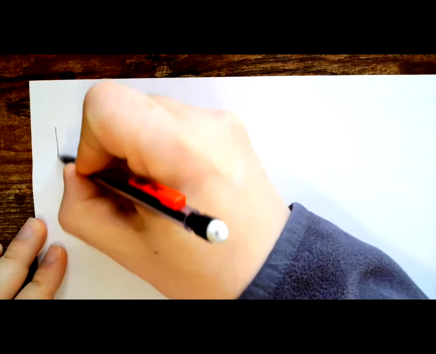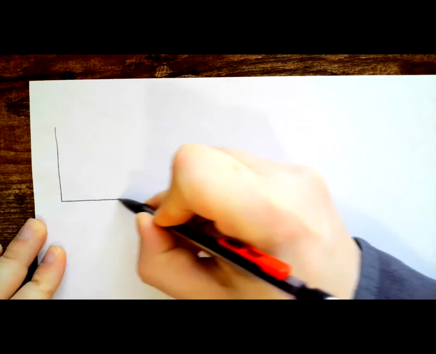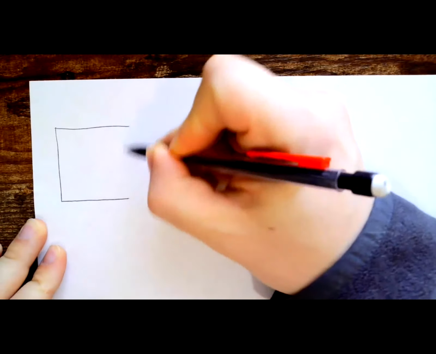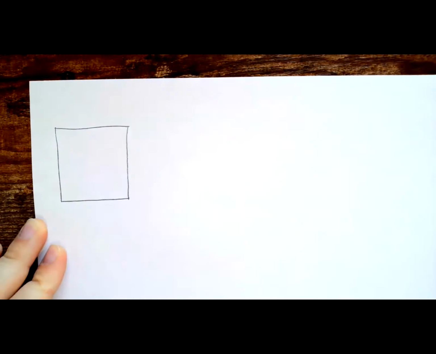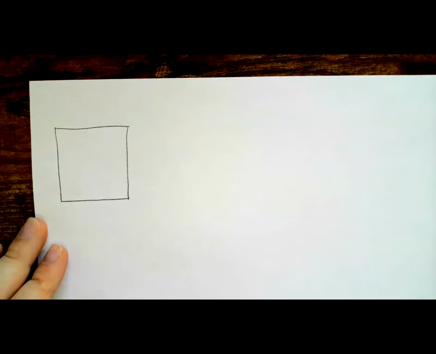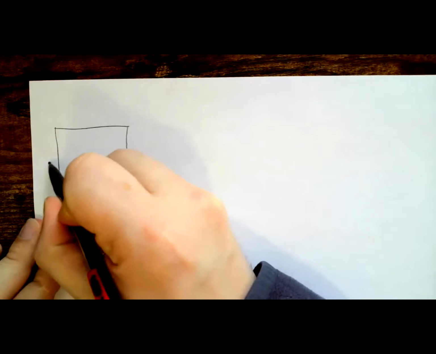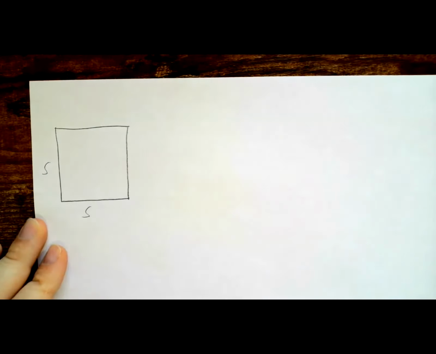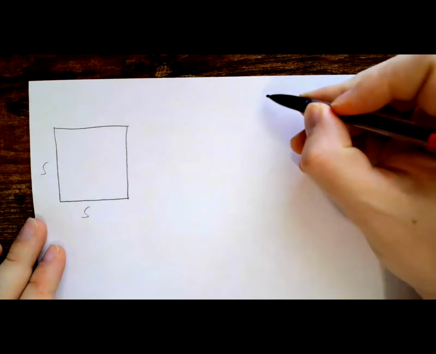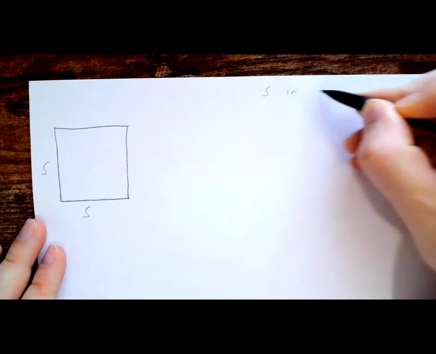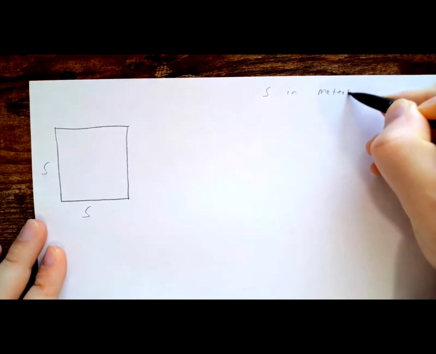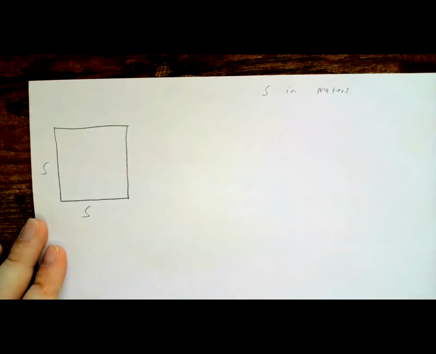The idea behind this is you've got a square plot of land for your garden. Forgive me, I'm no great artist, but this is supposed to be a square. Let's call the side length S, that's unknown. And S is in meters, so it's a real world problem, so we should specify the units.